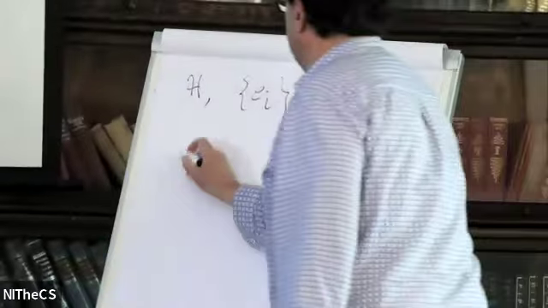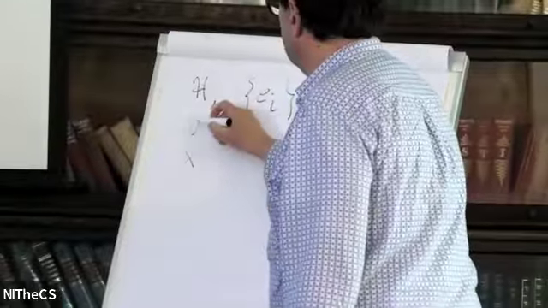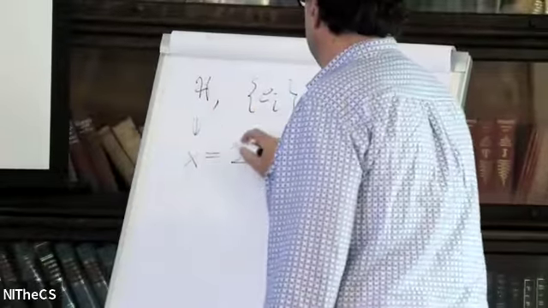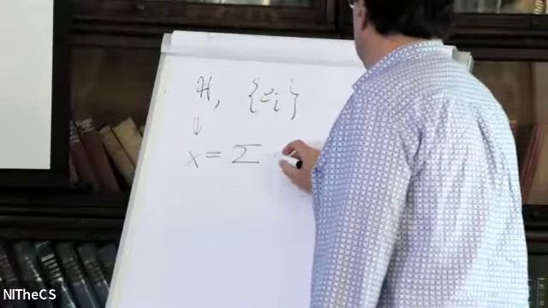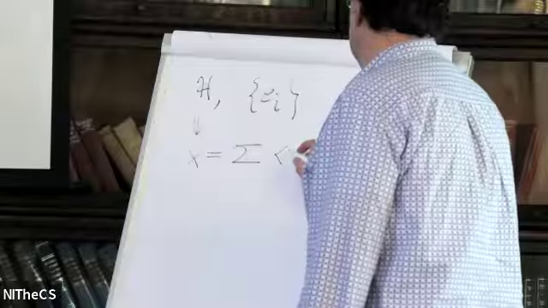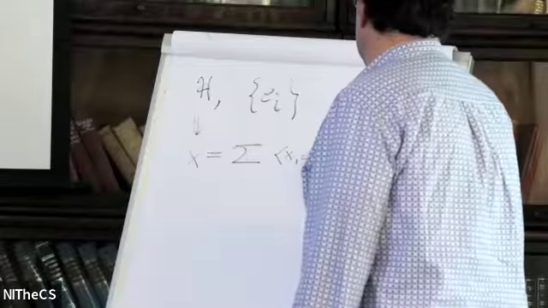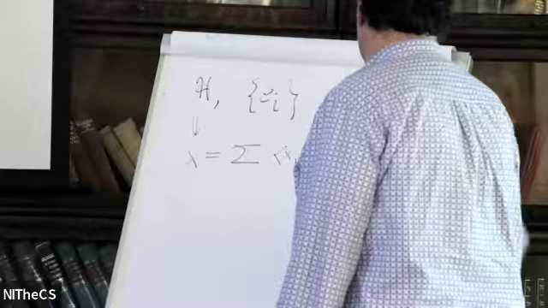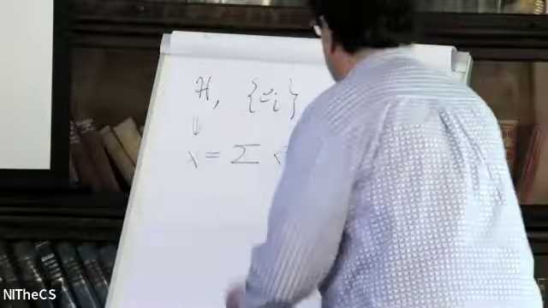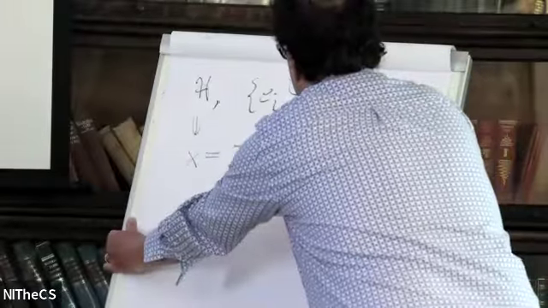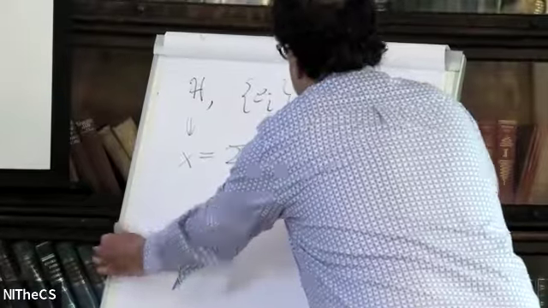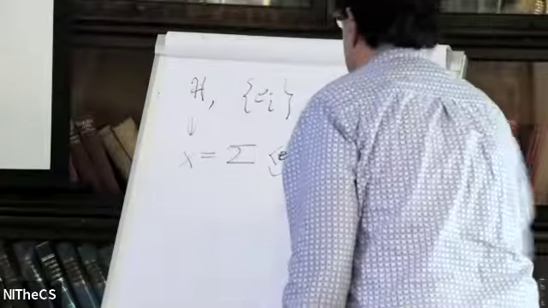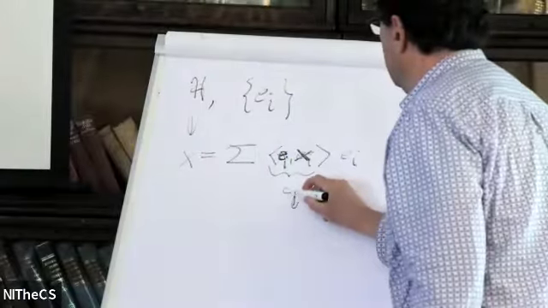It means that any vector x in here can be uniquely written as a sum of e_i times the inner product of e_i with x. This is the coordinate of x along the direction e_i.